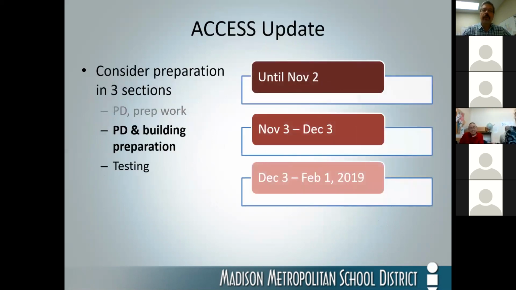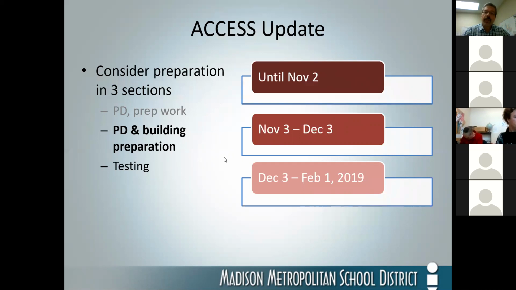Okay, so I'm going to jump in right now. We are now in the second phase of Access preparation. The first phase was up until November 2nd. Again, that was some prep work, some professional development, getting the IEPs completed.